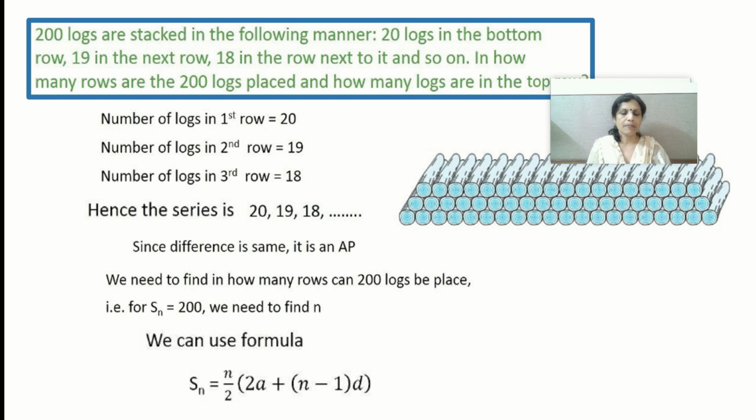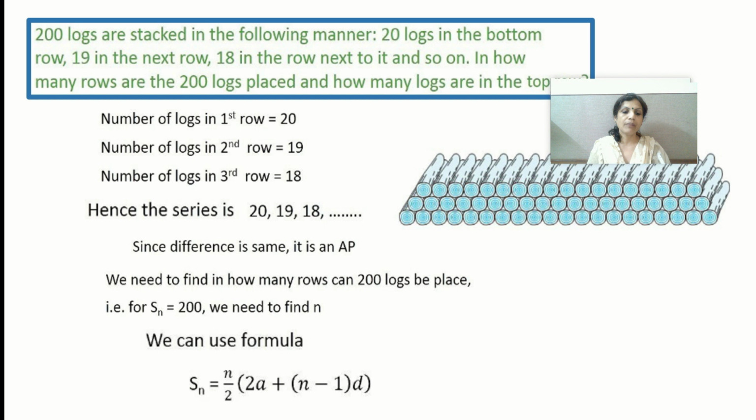Now we need to find in how many rows can 200 logs be placed. So Sn is equal to 200, total sum of logs should be 200, and how many rows means we need to find n. So we'll make use of the formula for Sn.